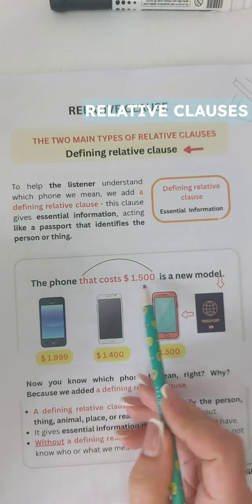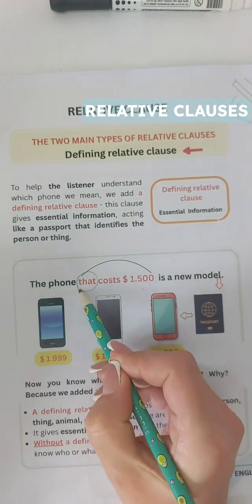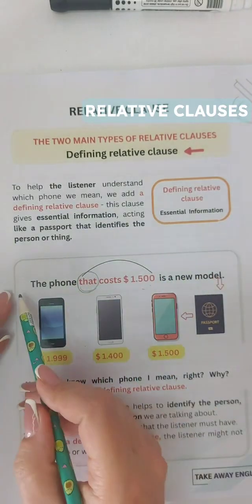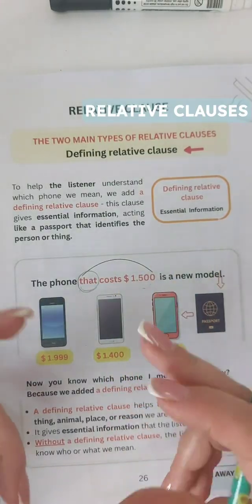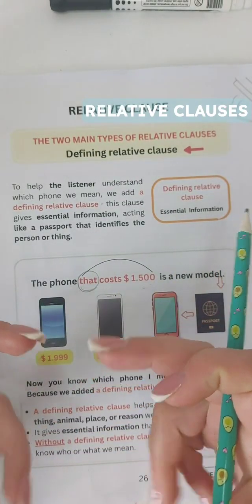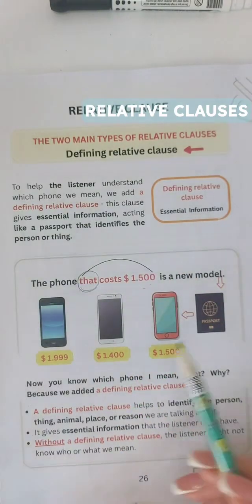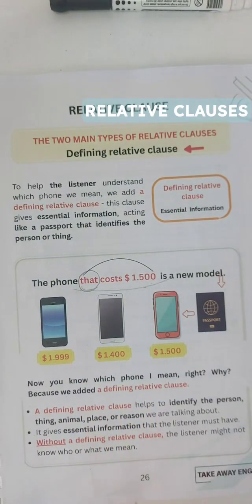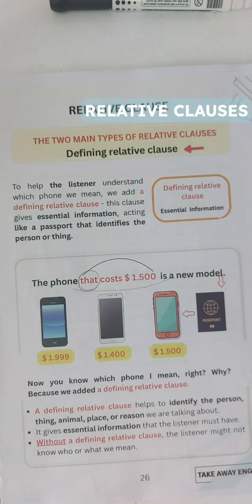Here we have defining relative clause. We have a relative pronoun, a relative word, that helps us combine two sentences to make it longer, to sound more natural and fluent, right? And of course, to provide essential information, to make the listener understand which phone we are talking about.